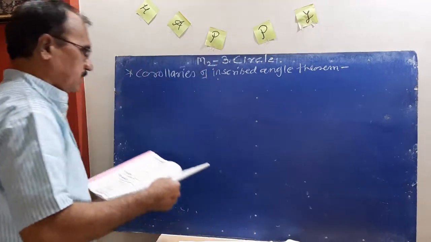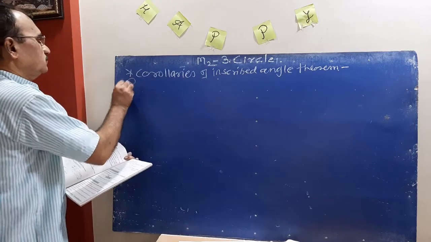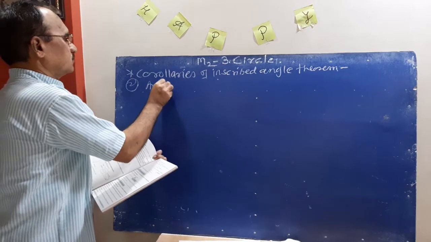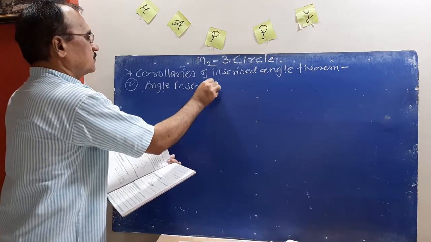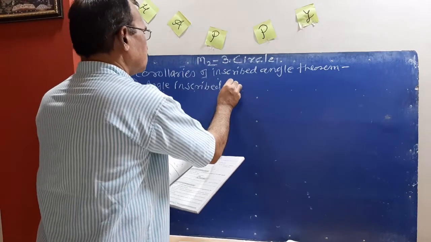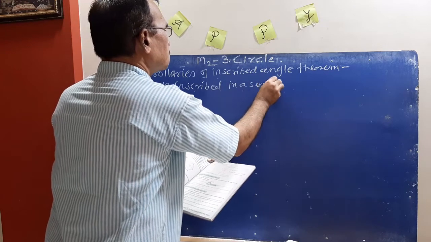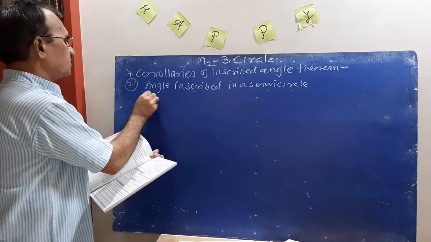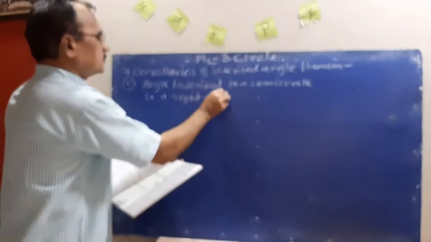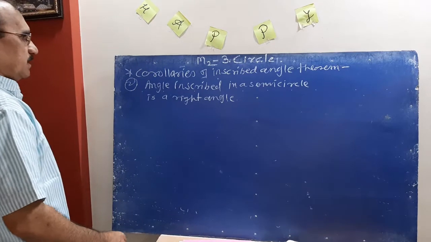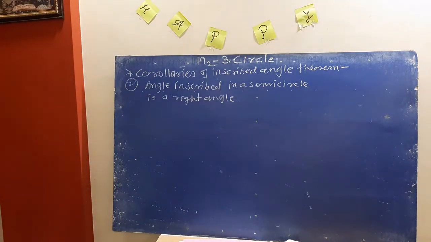The second corollary is also important: an angle inscribed in a semicircle is a right angle. Angle inscribed in a semicircle is a right angle.